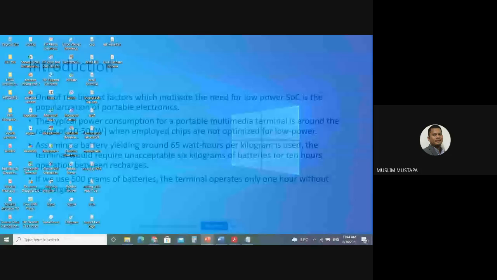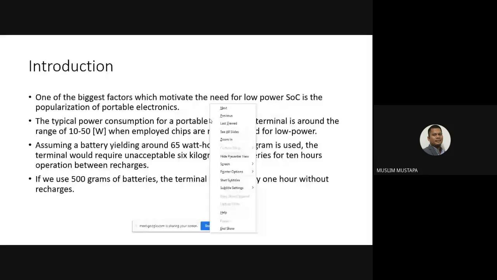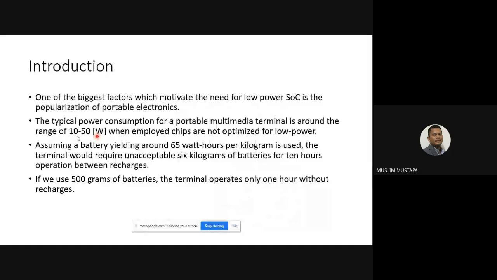Okay, this is just an example. The typical power consumption for this electronic product is 10 to 50 watts when the employed chips are not optimized for low power. Assuming a battery yielding around 65 watt-hours per kilogram is used, the terminal would require an unacceptable 6 kilograms of battery for 10 hours of operation.